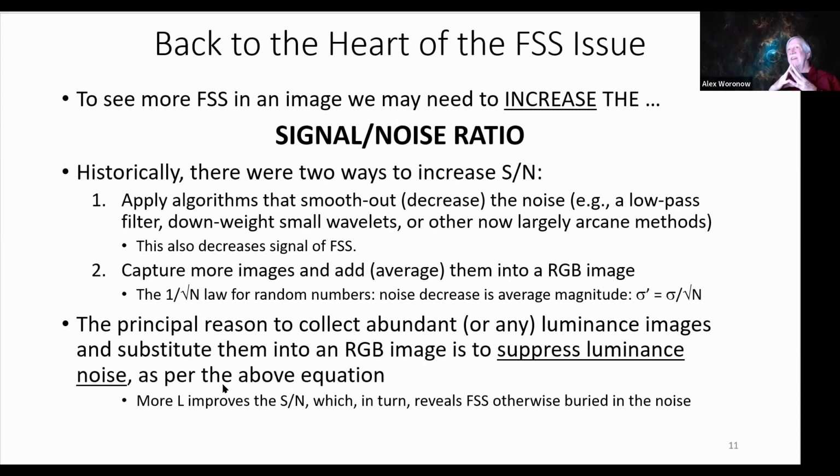As I said, the better your signal to noise ratio, the better you will see fine scale structure. And you can do that supposedly in two different ways. One is increasing the signal and the other is decreasing the noise. So historically, what we did was decrease the noise, and there are two ways to do that. One way was to apply algorithms that smooth out the image, and they therefore average the noisy pixels with the pixels around them.